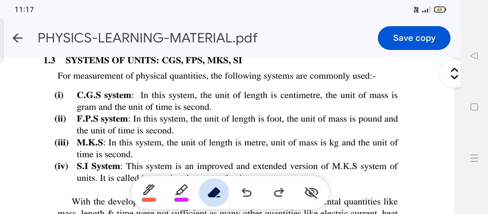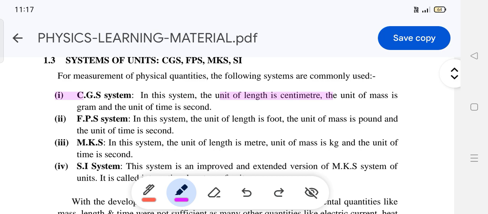For measurement of physical quantities, the following systems are commonly used, such as the CGS system. In this system, the unit of length is centimeter, the unit of mass is gram, and the unit of time is second.